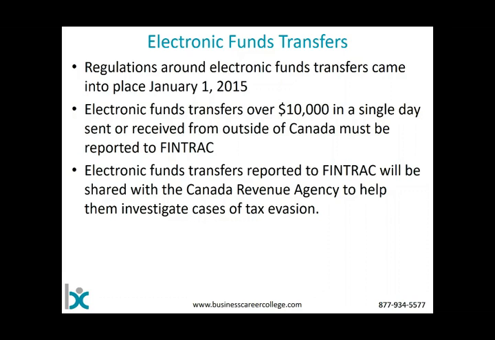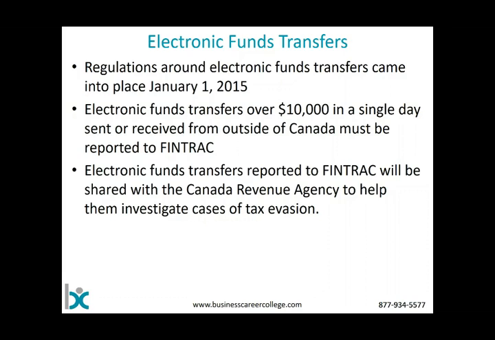The key difference between this and a large cash transaction is that this is a type of transaction that's considered around cross-border movement of money. So we're looking at money that's going out of Canada electronically or coming into Canada electronically.